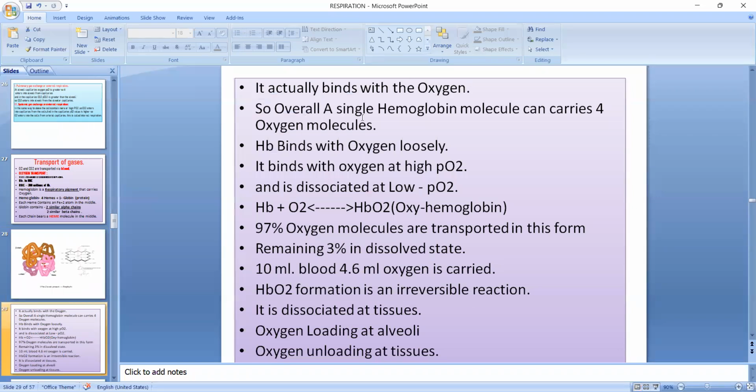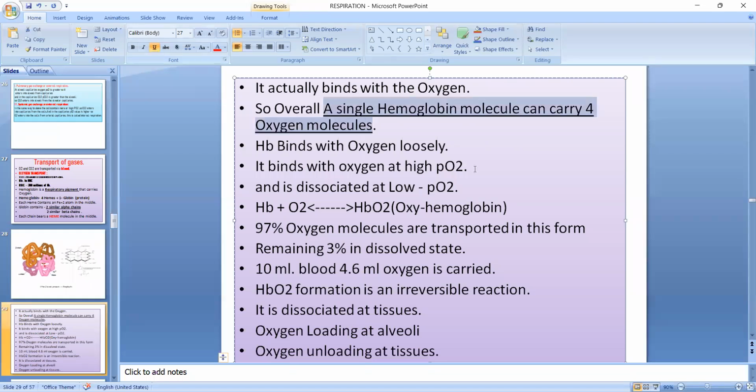So overall, a single hemoglobin molecule can carry 4 oxygen molecules. We should have this knowledge. Hb binds with oxygen loosely, not tightly. It binds with oxygen at high PO2, that means high partial pressure of oxygen.